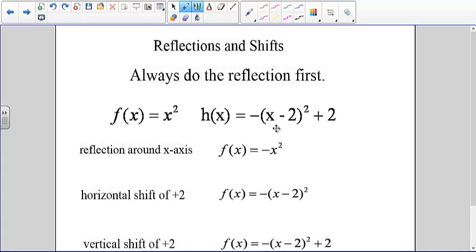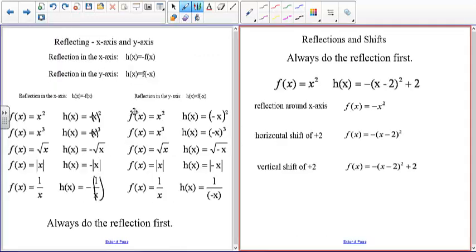So what we do is we first take the parent function and we put a negative sign in front of it. That first process reflects this function around which axis? Well, let's look at our little cheat sheet here. If the negative is outside here, then it reflects it across the x-axis.